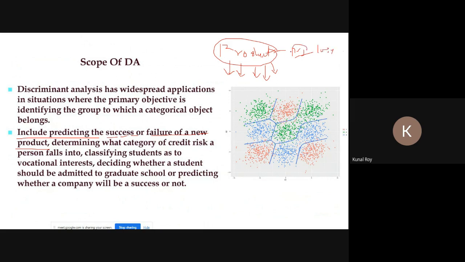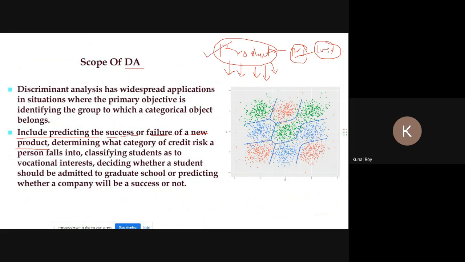For doing or predicting such calculations, we use this approach, that is, discriminant analysis. So we can predict the success and failure of a new product.